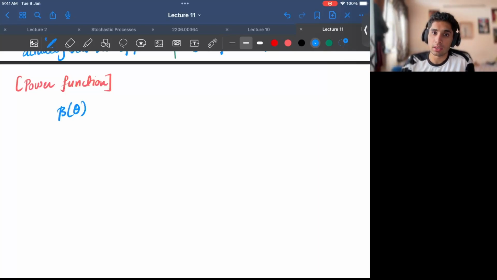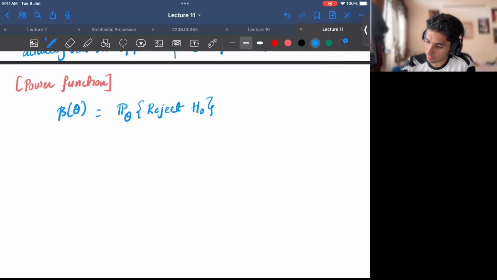What is it? It is the probability under theta to reject H naught. So it's basically the probability of rejecting the null hypothesis for a given theta.